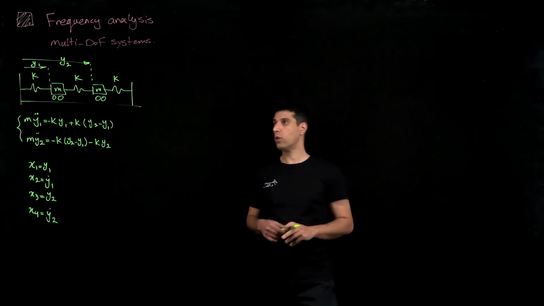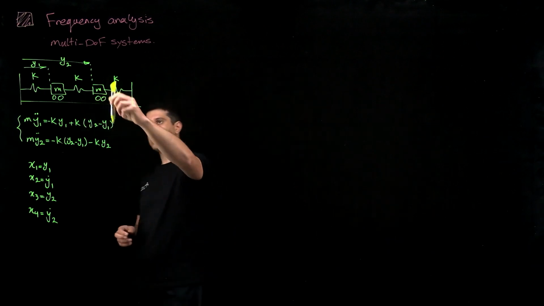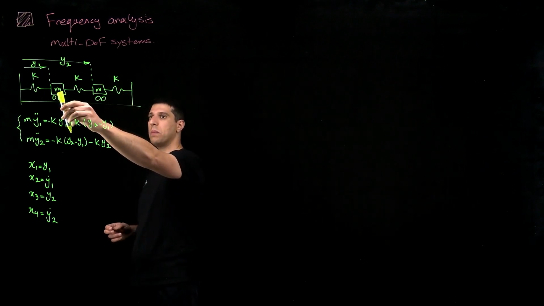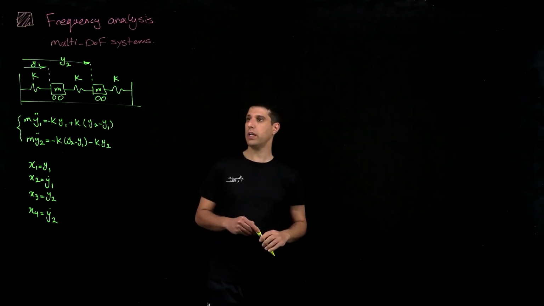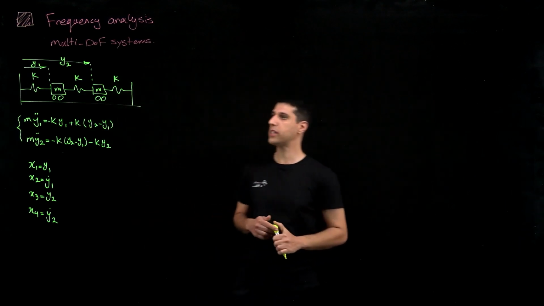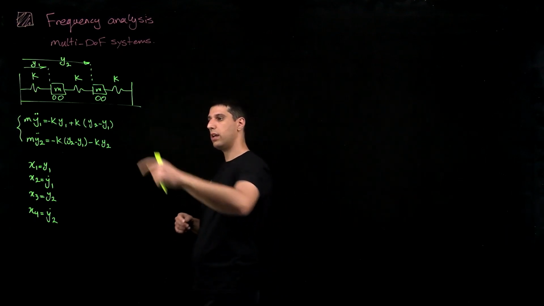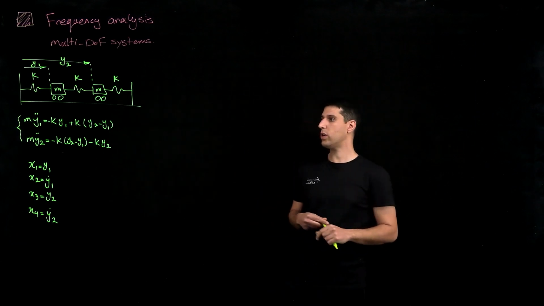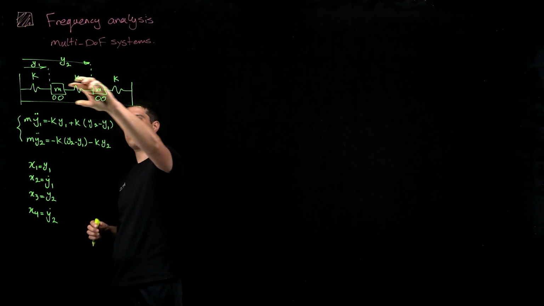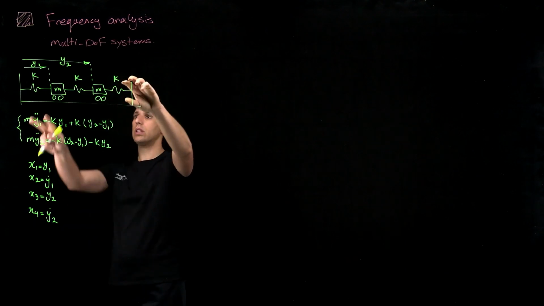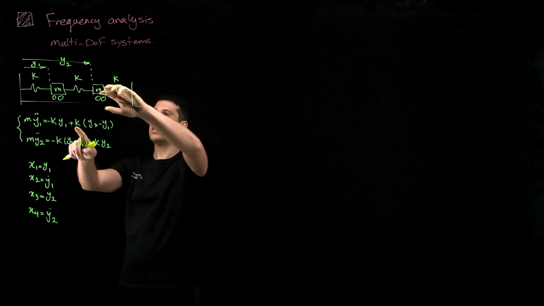Now let's take a look at a second order system. Just again, a very simple system. Instead of one mass, I have now another mass attached to it by a spring, and I have fixed the other end by another spring. And these are the equations of motion. So let's look at the first one. If I take y1 and pull it forward in the positive direction, I'll have a resistive force from the first spring.